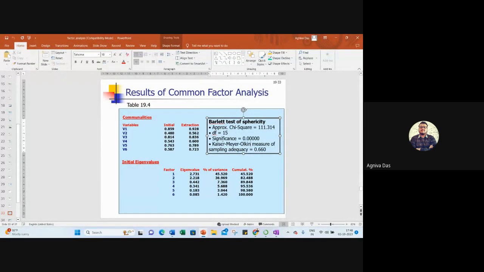And the Kaiser-Meyer-Olkin measure, the KMO, tells us that the data set is suitable for factor analysis. Okay, now let us go back.